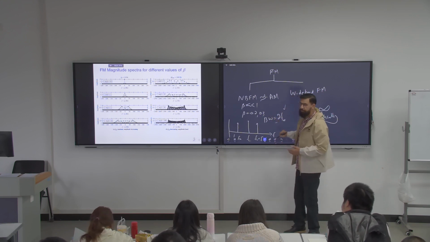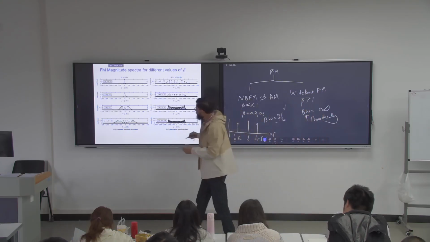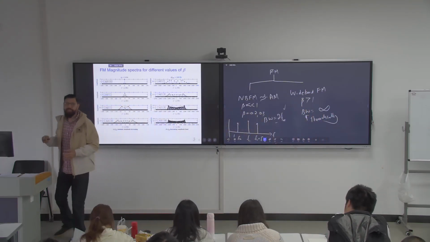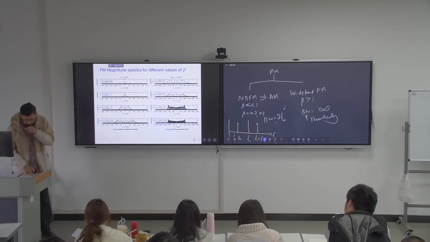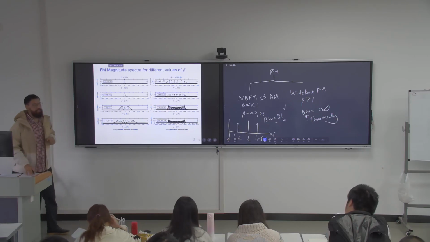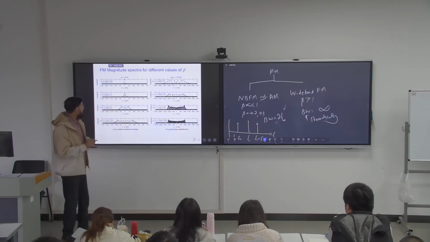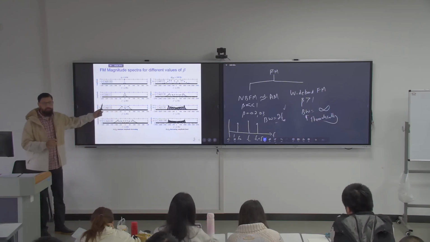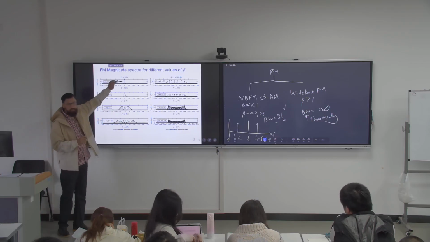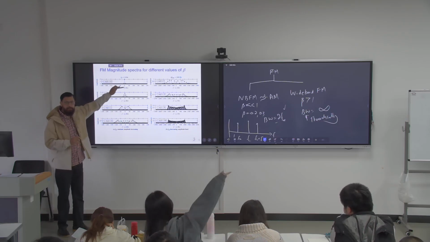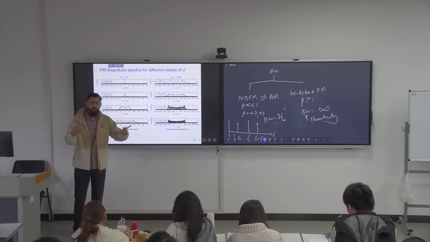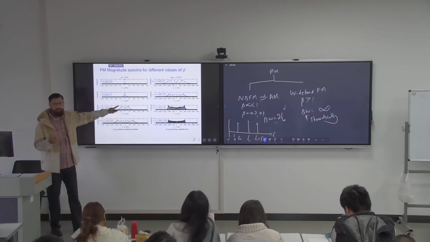The bandwidth. Now here, as I increase beta, what is happening? If I'm increasing beta, the power which was here in the carrier is now taken over by the sidebands, right?